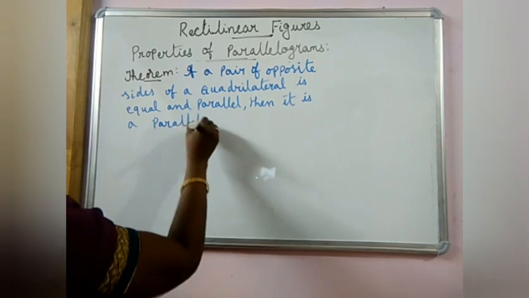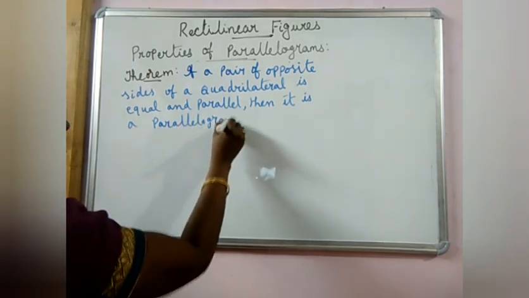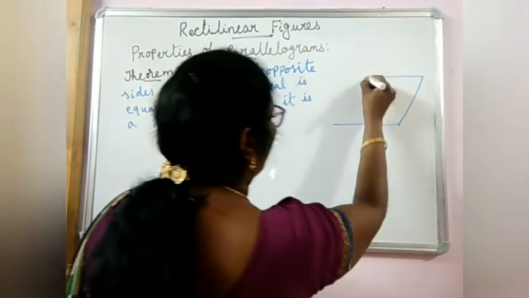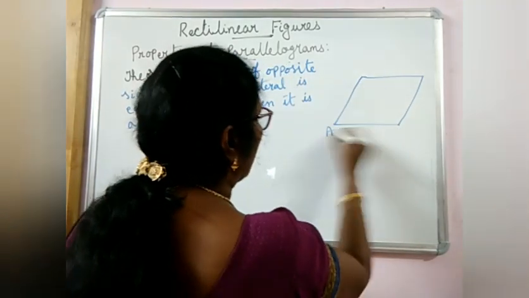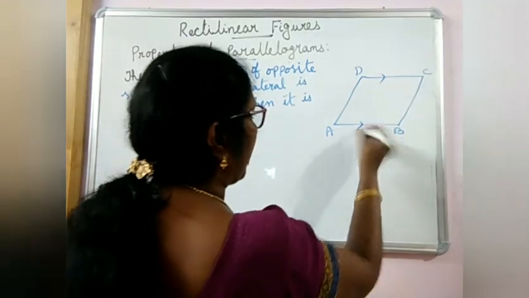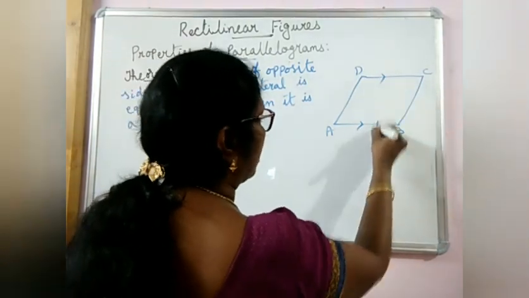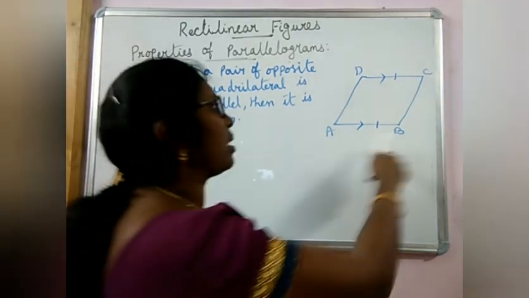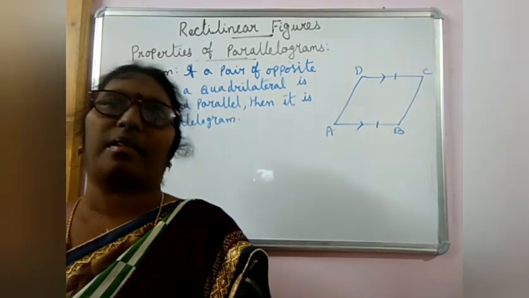That means ABCD is a quadrilateral. If AB is parallel to DC, AB is equal to DC, then ABCD is a parallelogram.